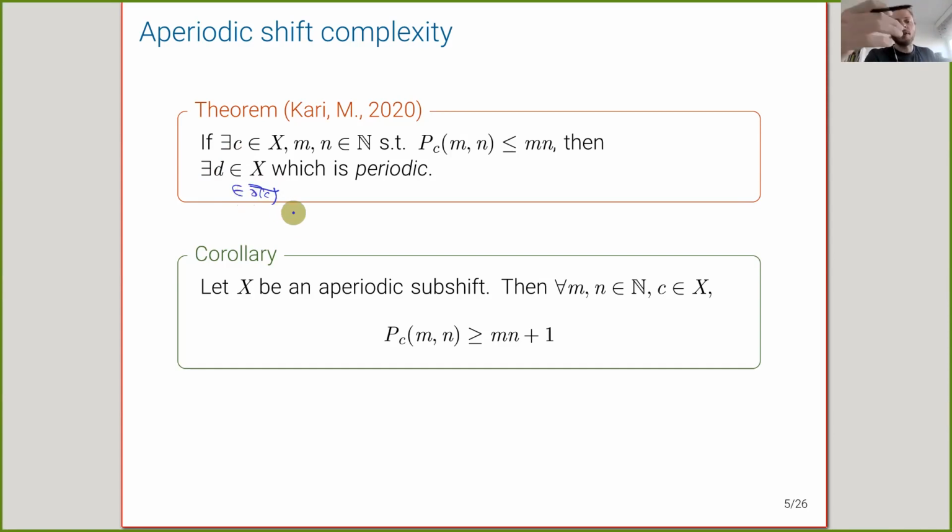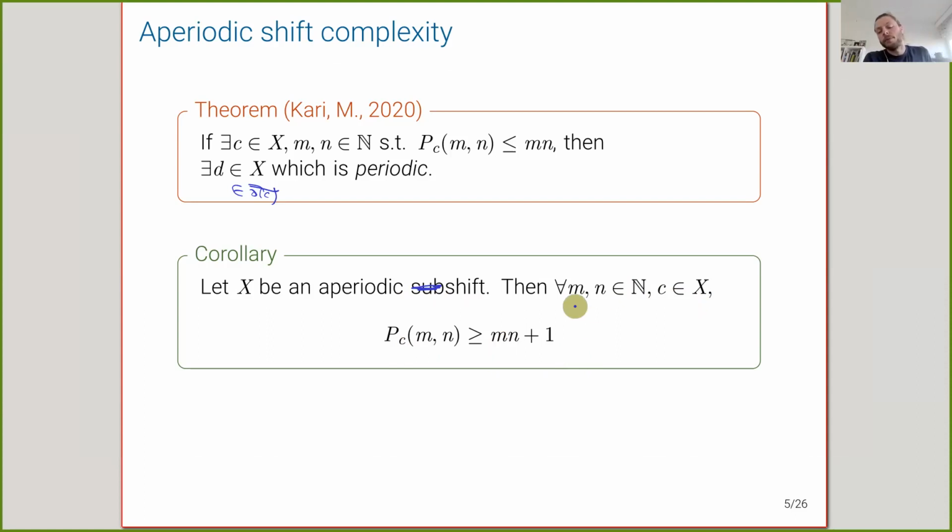And the starting point of what I'm going to present today is actually the opposite of this theorem. So if you take the contrapositive of this theorem, you obtain the following corollary. If you take an aperiodic subshift, so a subshift that has no, well, I decided today that we're going to talk about shifts. So if you take an aperiodic shift, then you know that any configuration of X will have a high complexity.